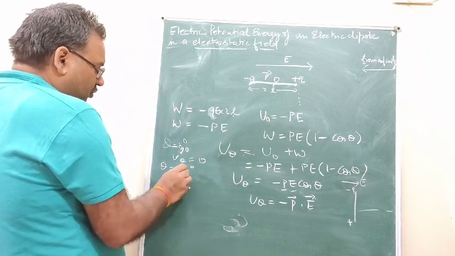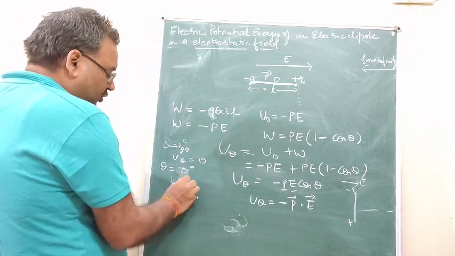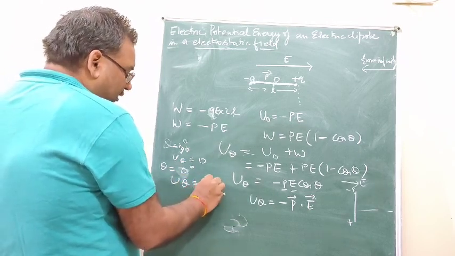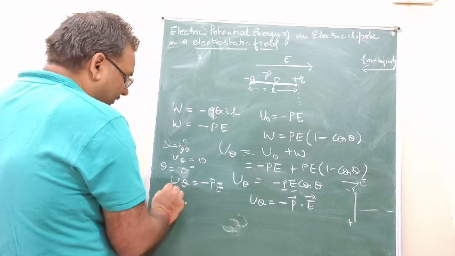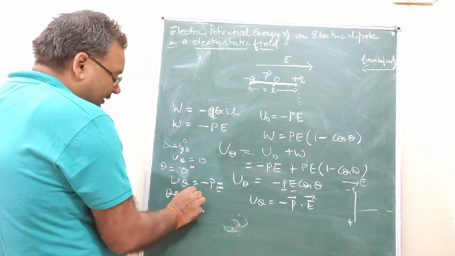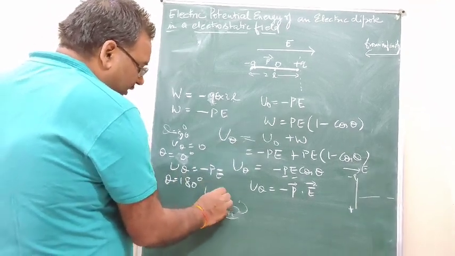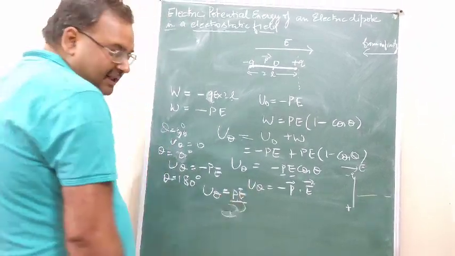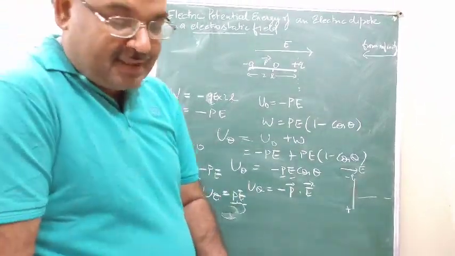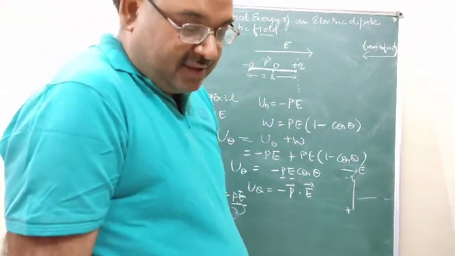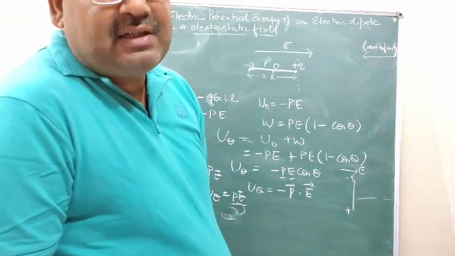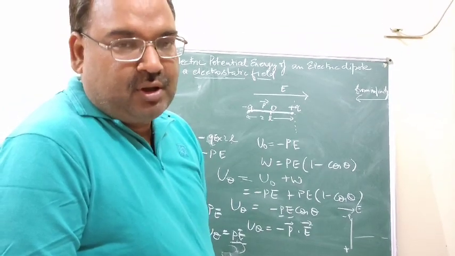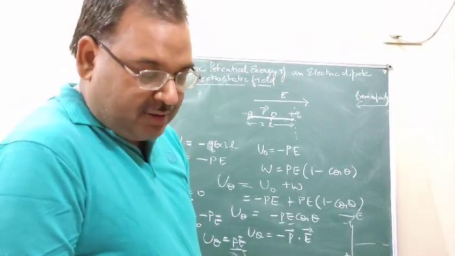If theta is equal to 0, then U theta will be equal to minus PE, that is least, and if theta is equal to 180 degrees, then U theta will be positive PE, and it will have maximum potential energy, and it will be an unstable equilibrium.